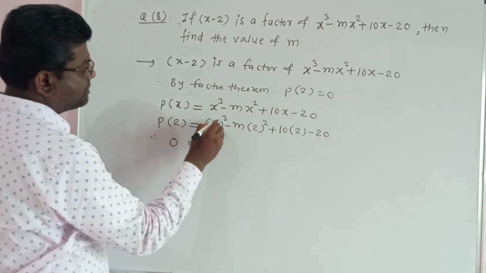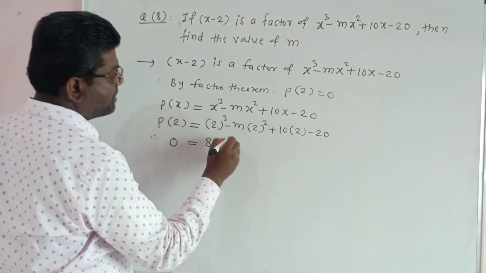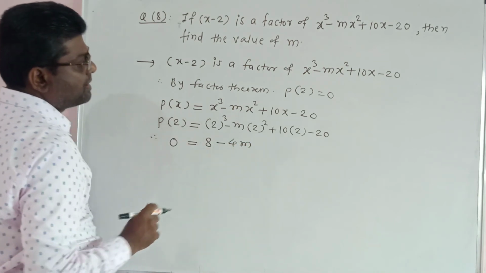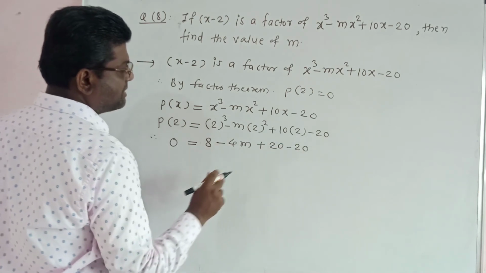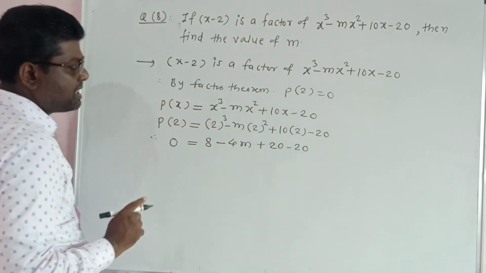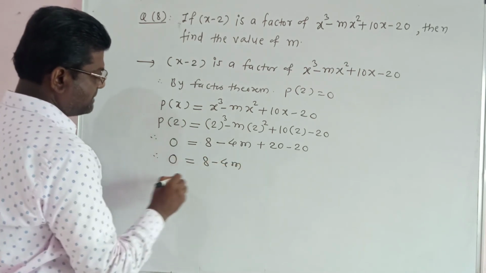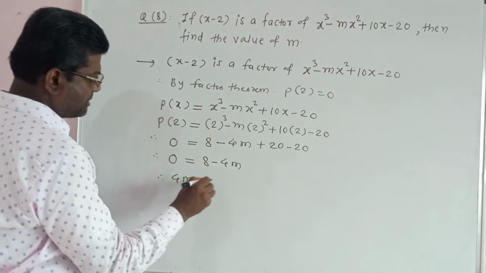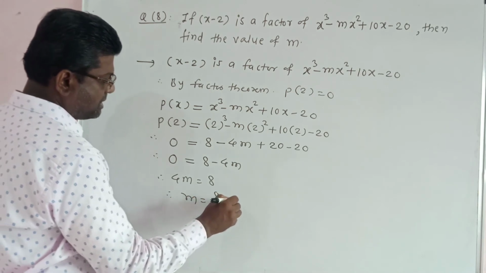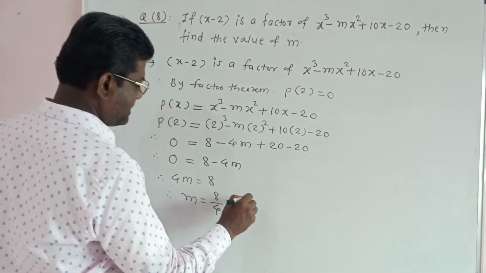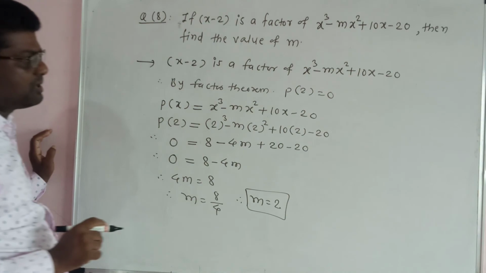Therefore 0 = 8 - 4m + 20 - 20. Plus 20 and minus 20 will get cancelled. Therefore 0 = 8 - 4m, so 4m = 8. Therefore m = 8/4, so m is equal to 2.